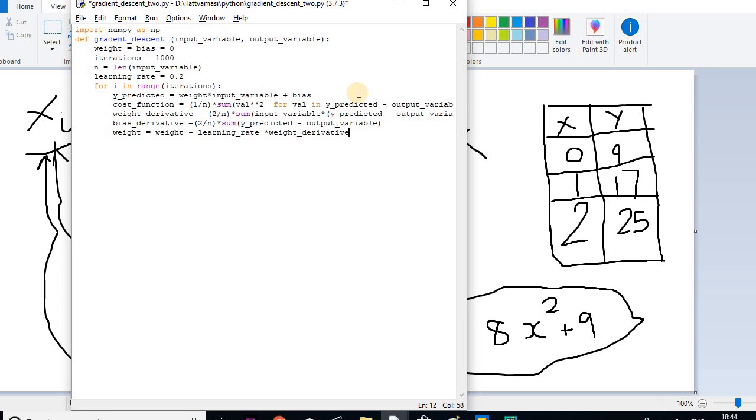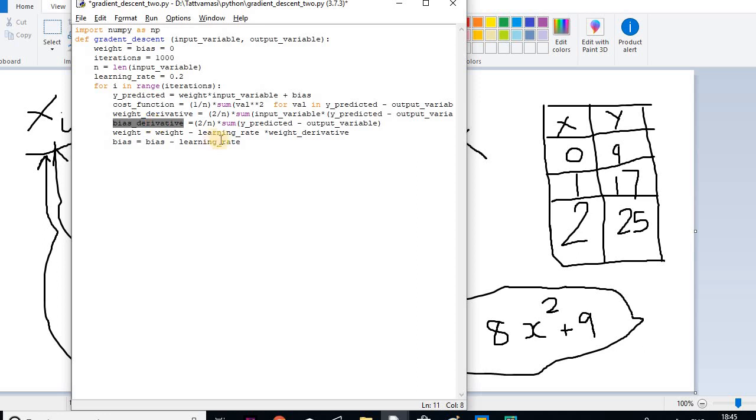Now in the same way you can write bias. We have to define bias: bias is equal to bias minus learning rate, copy the learning rate here, then bias underscore derivative.